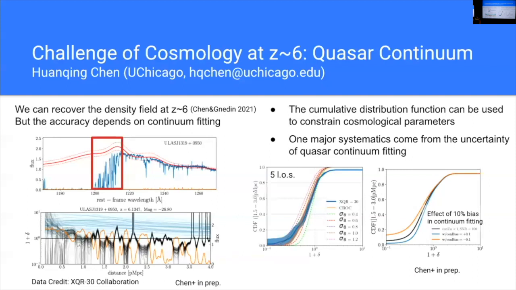But one major systematic that this kind of analysis and many of the reionization analyses will encounter is the quasar continuum. How do we know if we estimate the continuum accurately enough on this blue side?